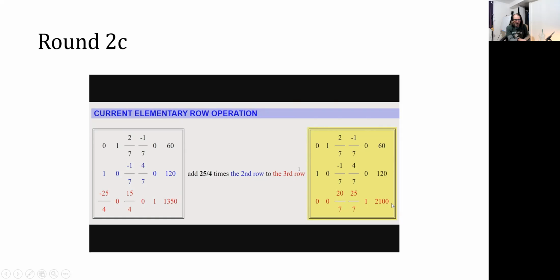You could, again, go back to the very beginning. So x sub 1 is 120 and x sub 2 is 60.